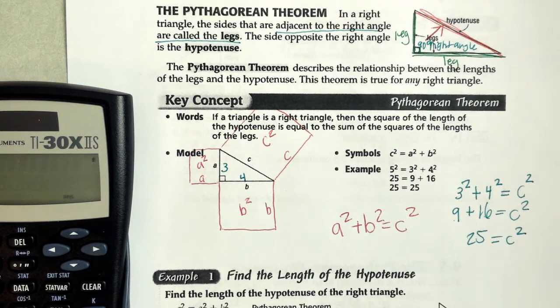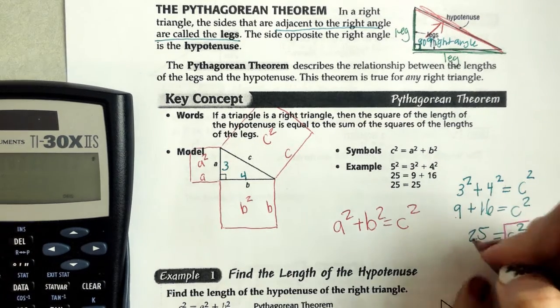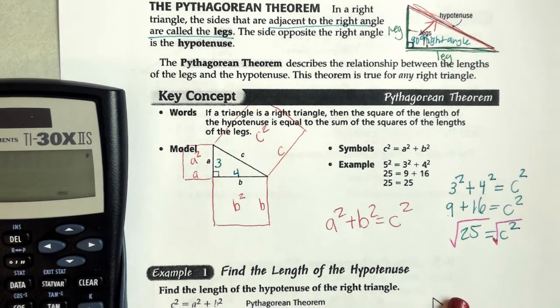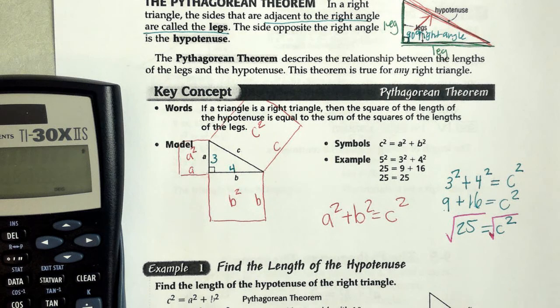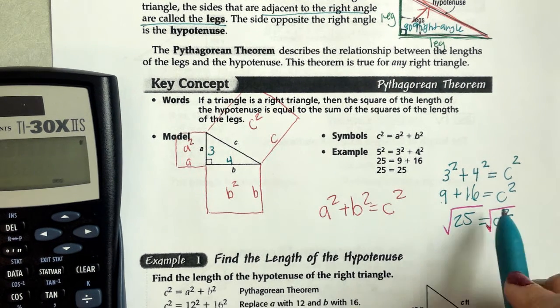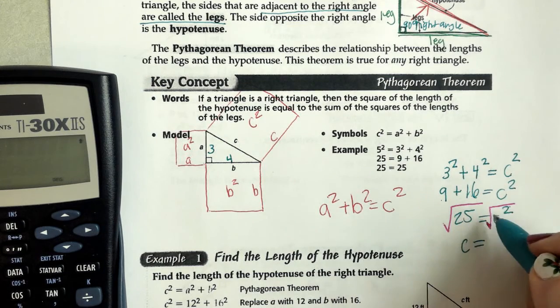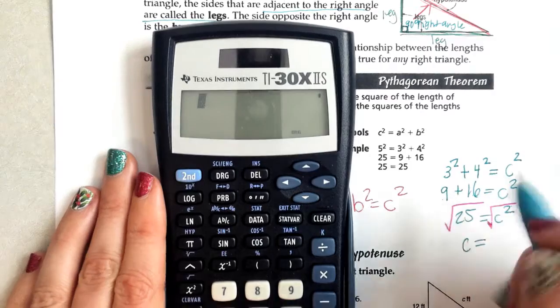And we talked about this a little earlier in the year. The opposite of squaring is taking the square root. So I would take the square root of both sides, because what I do to one side, I have to do to the other. My square and my square root cancel out, and that's just c. The square root of 25, remember how to do that?